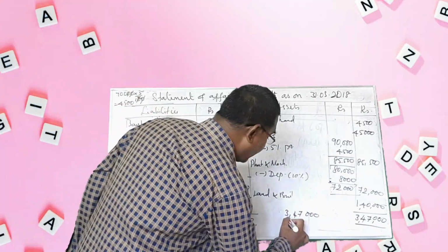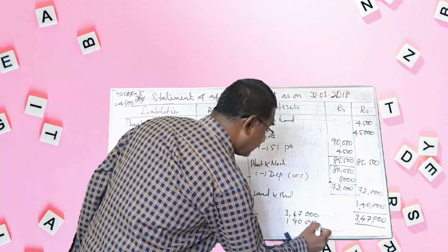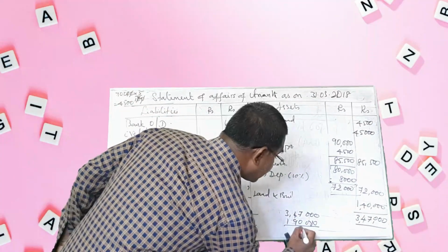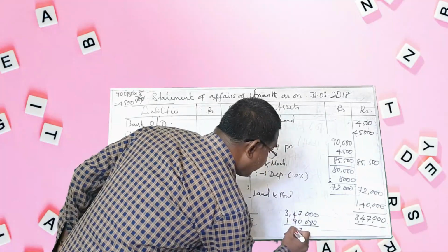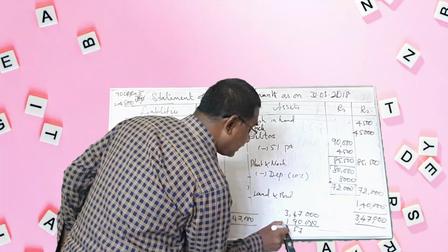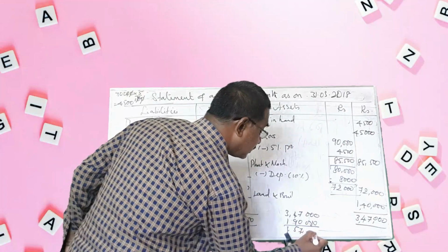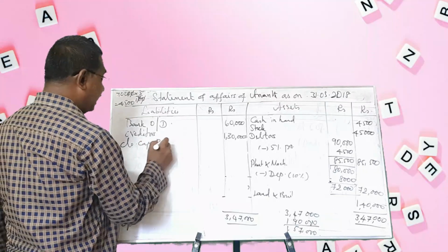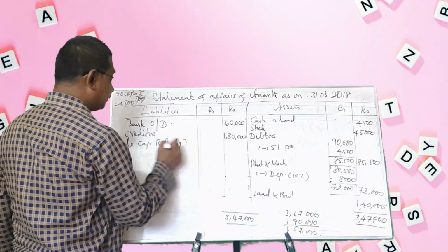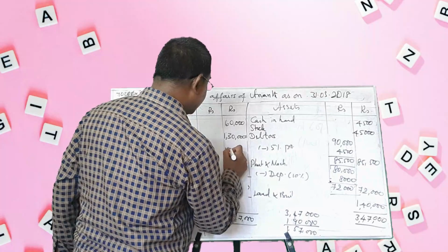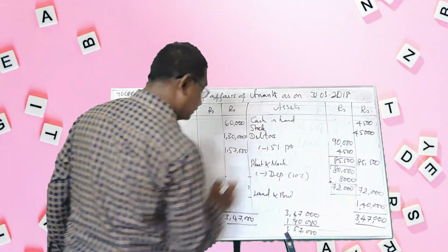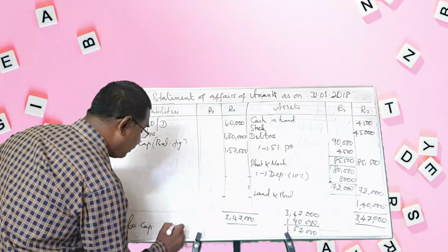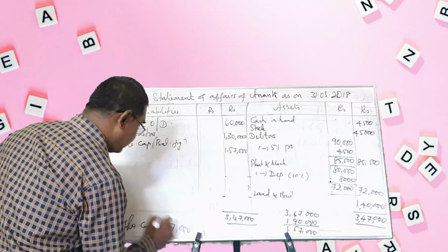Liabilities total is 1,90,000. We subtract: 7, 14, 9, 5, 1, 1,57,000, and that is the closing capital. Closing capital, balancing figure, 1,57,000. And you have to show it separately. Closing capital 1,57,000. Make a box.